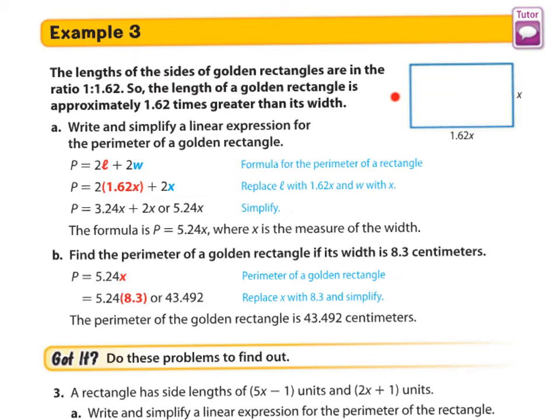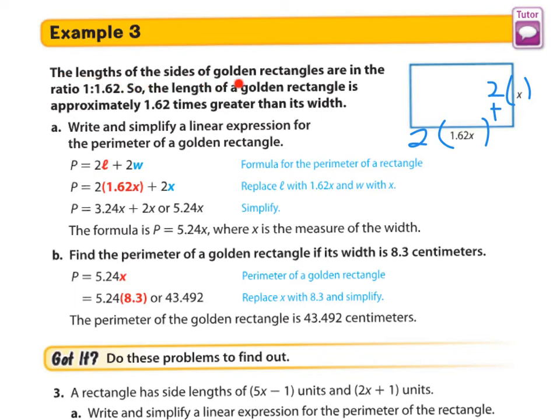So we have 1x plus another x is 2x, 1.62x plus 1.62x. Now, we don't have to add them. We can simply multiply each one by 2, right? Because we know that there are 2 of this value, and we know there are 2 of this value. And we just simply add the 2 together.